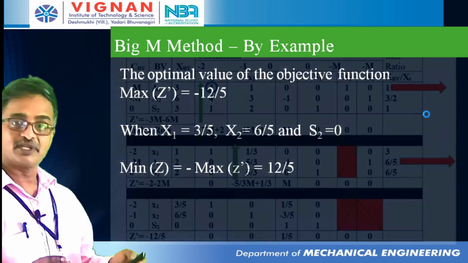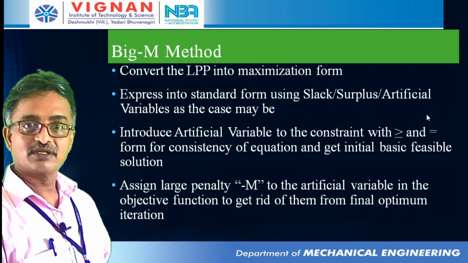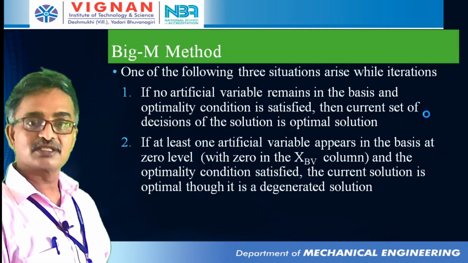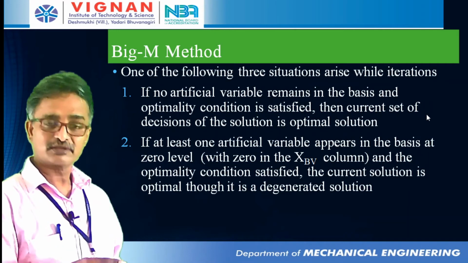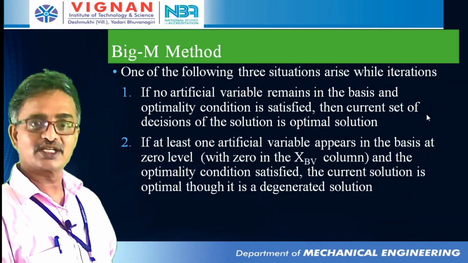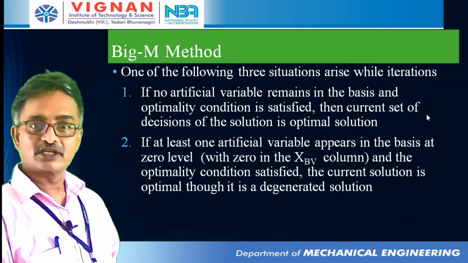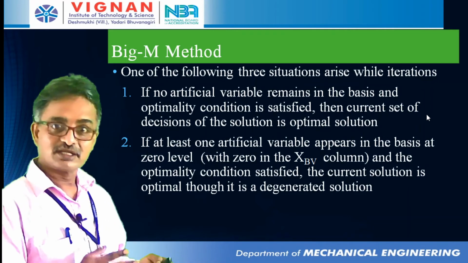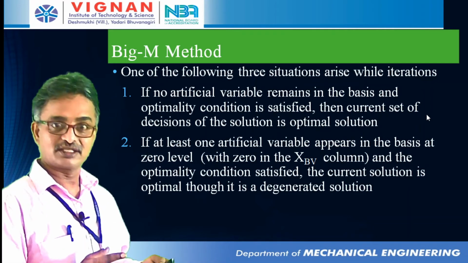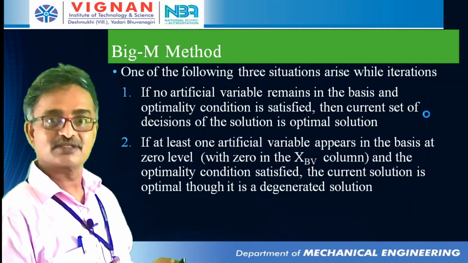But there may be an artificial variable in your final solution at 0 level, where the xB value is 0. That is also a solution, but it is a degenerate solution, an inferior solution. We need, for 3 equations, 3 decision variables in the final form.